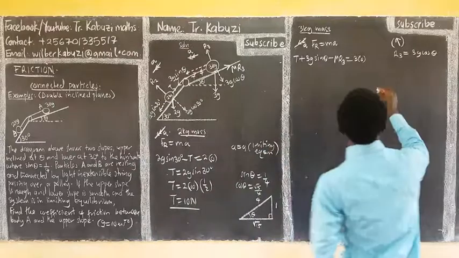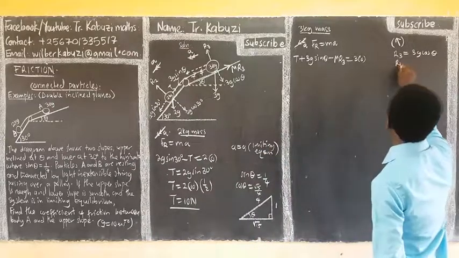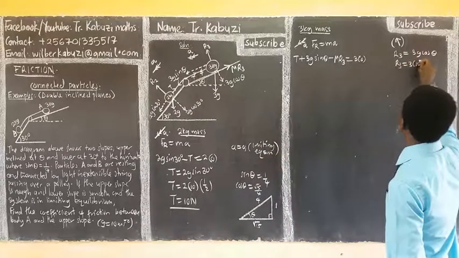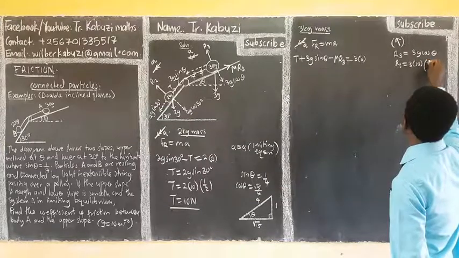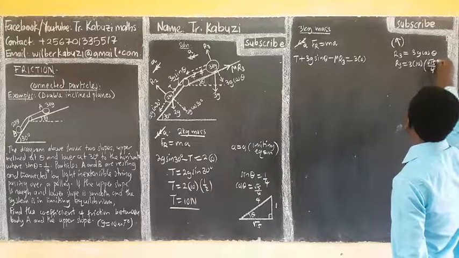So substituting in here, I have my R3 as 3 into 10, then times root 15 over 4.